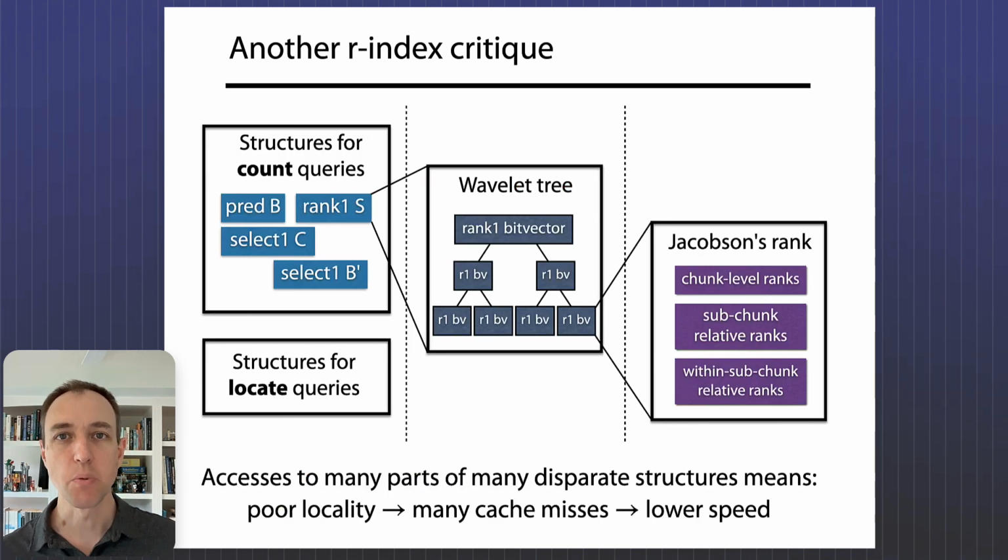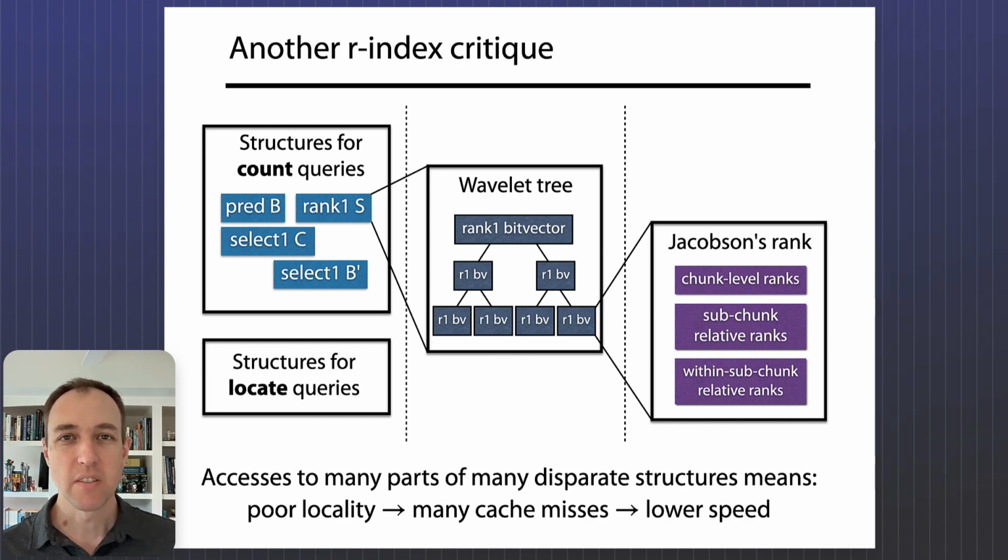So returning to the point we were making earlier, our other criticism of the r-index might be that it does not have good locality of reference. Its inner loop has to navigate several data structures, maybe a Jacobson's rank index for a bit vector in a wavelet tree, and maybe six other Jacobson's rank structures just like that for different bit vectors in the same wavelet tree.